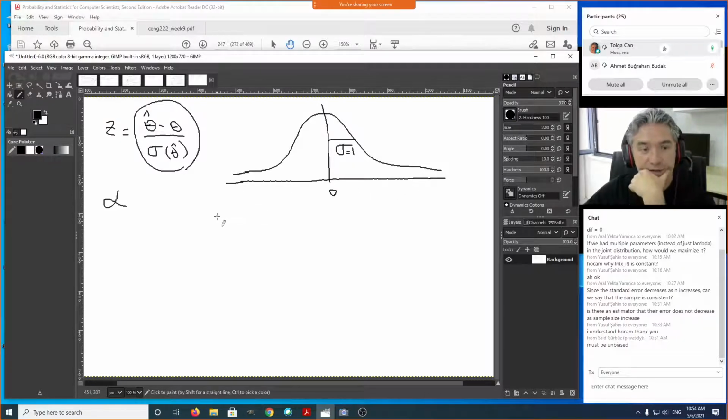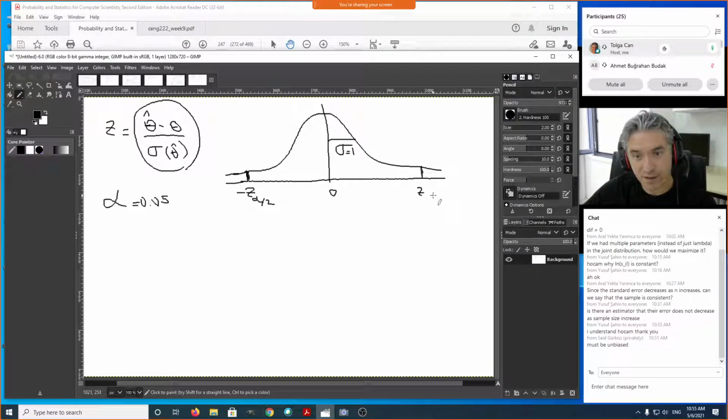If you look at the probability, for example, for an alpha of 0.05, look at these two points here, which I'm going to name as minus z alpha over 2 and z alpha over 2.